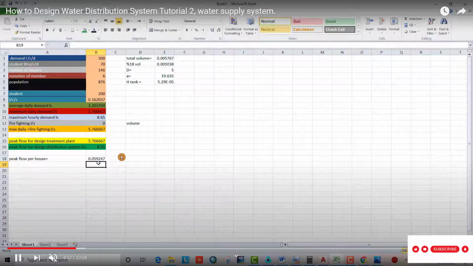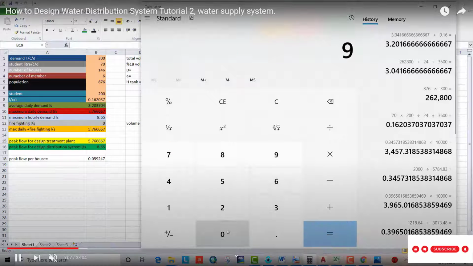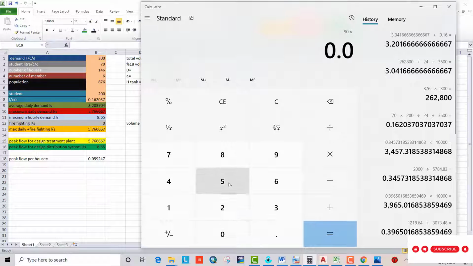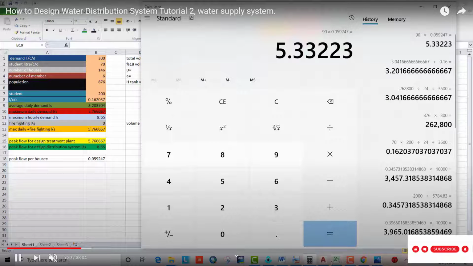And also we have 90 houses, so the demand equals 90 multiplied by 0.059. That is the demand.